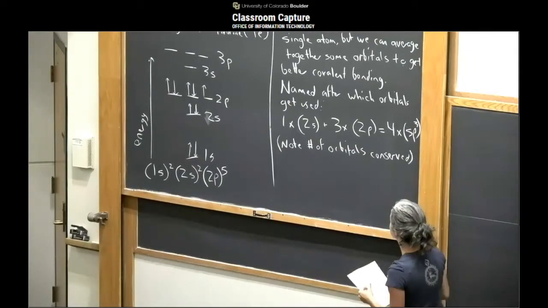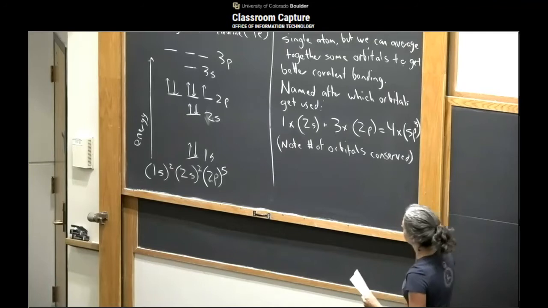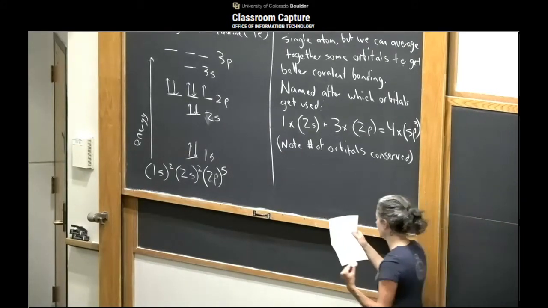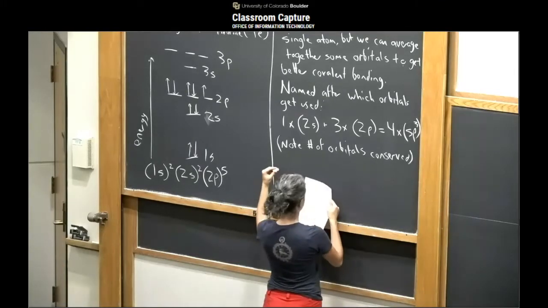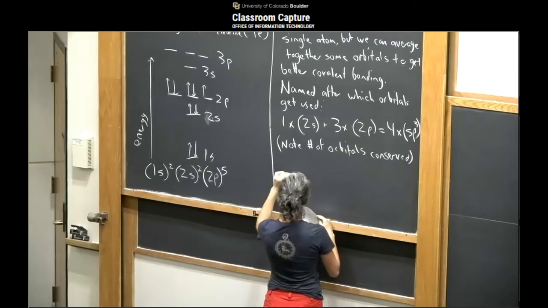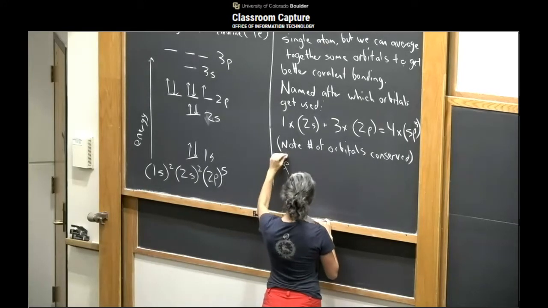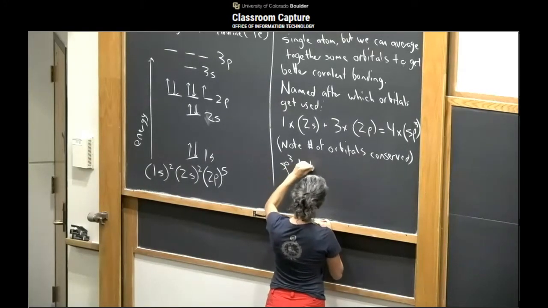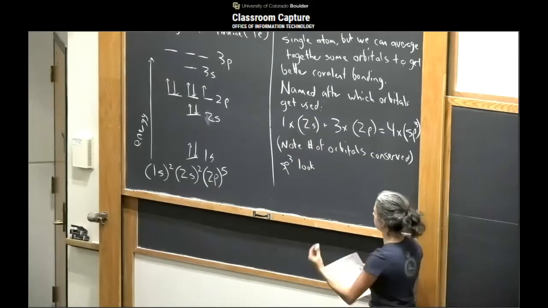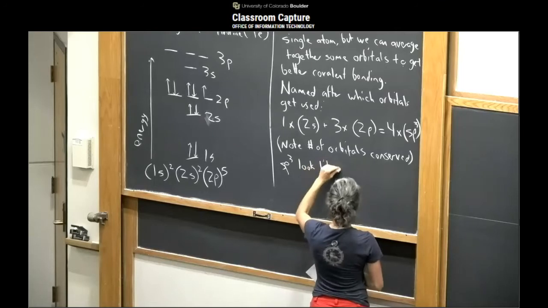The shape of these orbitals, explaining where they come from, basically comes down to 3-dimensional calculus, unfortunately. But it turns out that the sp3 orbitals have some what's called s character and some p character. They look like lopsided dumbbells.